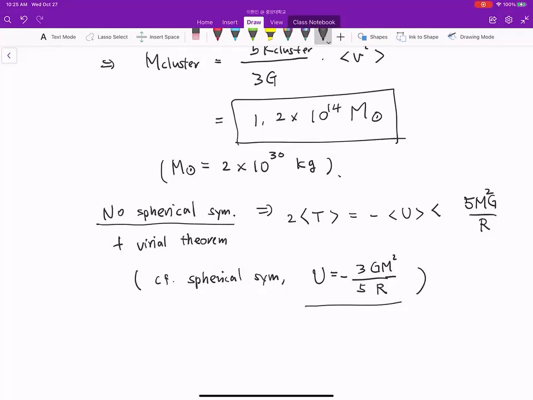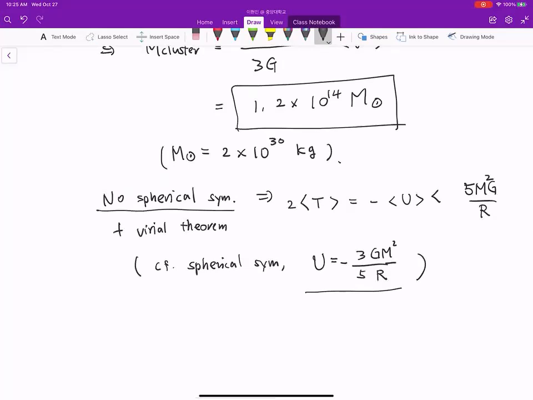The previous formula for the velocity dispersion comes from this assumption, the spherical symmetry. But instead, this is what Fritz Zwicky imposed at the time.